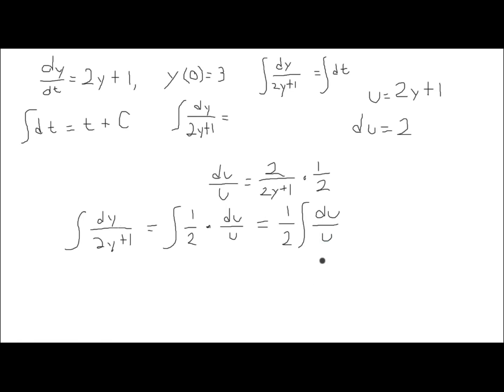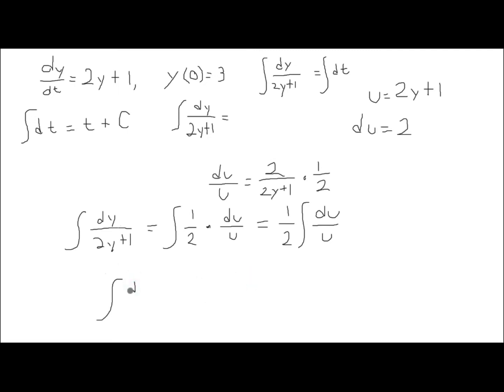What we have to know now is what the antiderivative of 1 over u is. Well, you might note that the antiderivative of 1 over any term, let's just call this t, is equal to the natural log of the absolute value of t plus a constant term as a general solution.